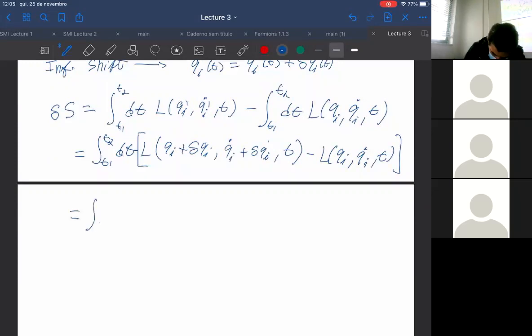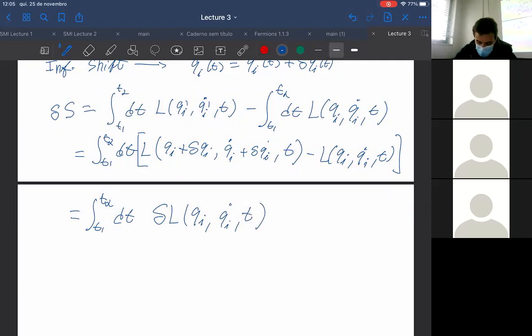So this is delta L, also this functional, delta L of q_i, q_i dot, t. Now you can use an analog to the total differential.